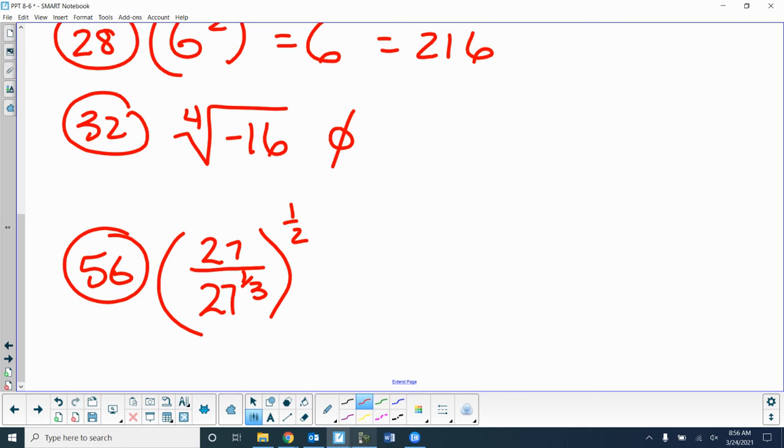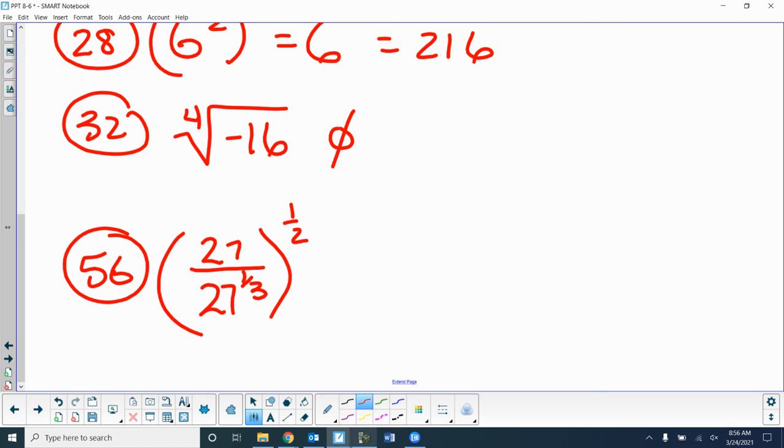If you wanted to reduce this fraction first, you could, and then take it to the 1/2 power, which is the square root of it. Or you could raise 27 to the 1/2 power and 27 to the 1/3 to the 1/2 power, which means you multiply those, make it 1/6 power, and then simplify it. I usually simplify what's in parentheses first.